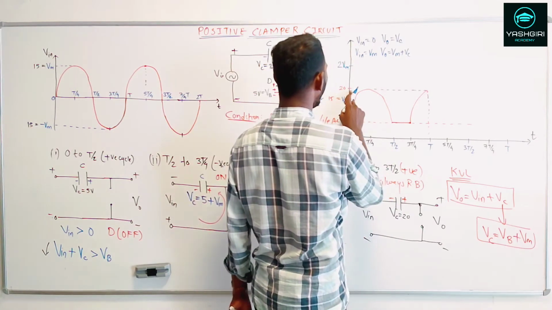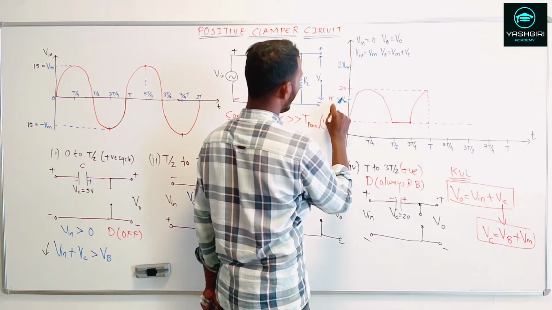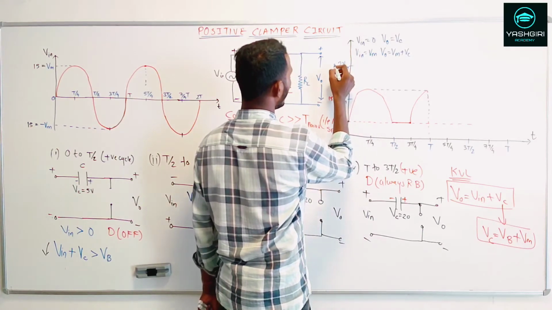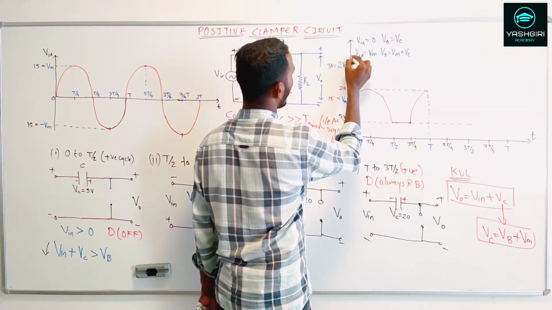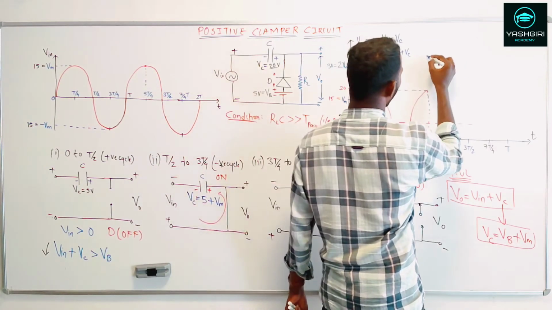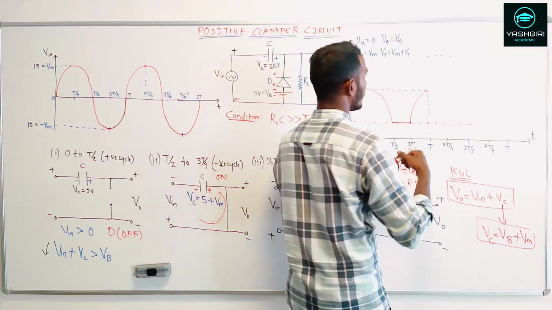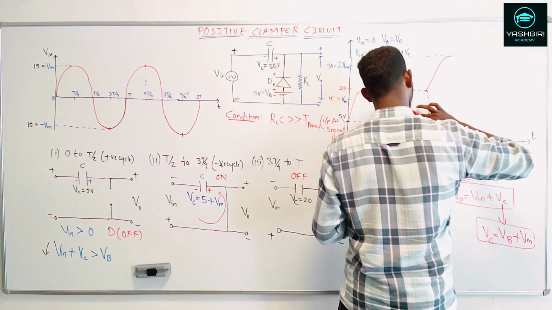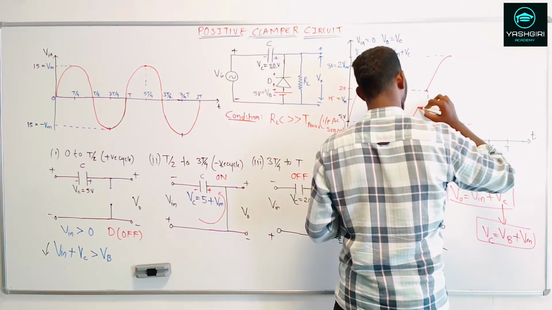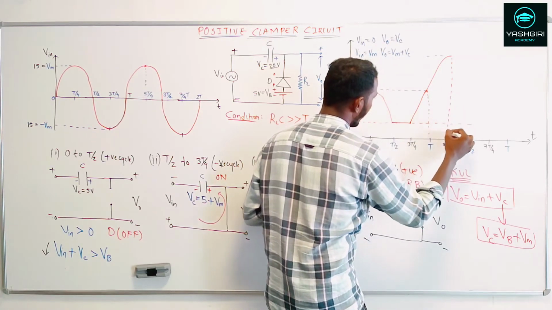So I can shift this to 35 volts, for the corresponding time 5T by 4.